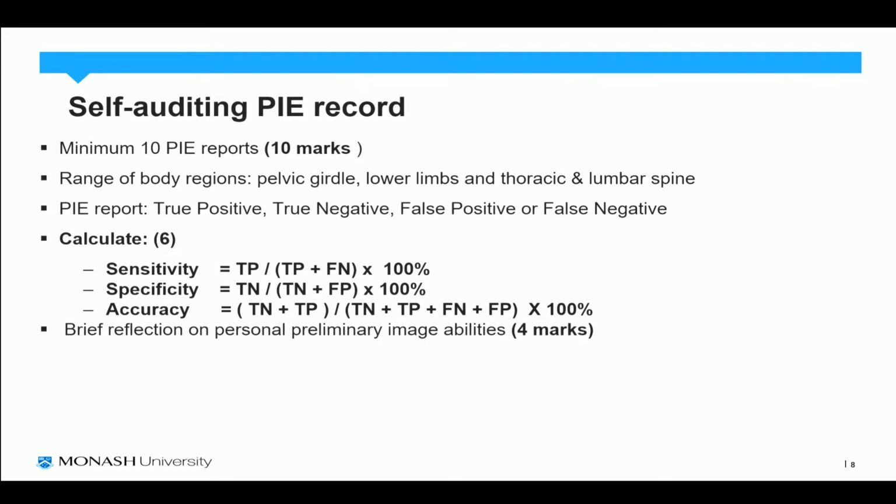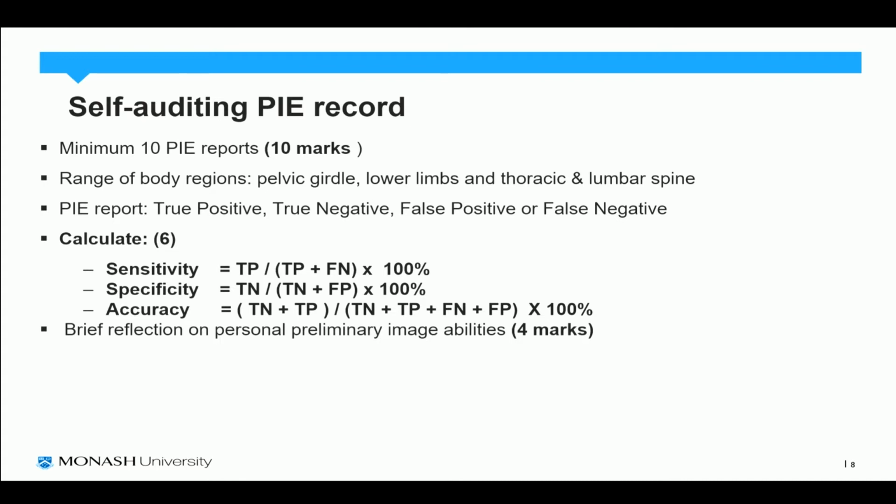For the PIE record, you should include a minimum of 10 reports, which would cover the range of body regions, the pelvis, lower limbs, and thoracic and lumbar spine. You then need to work out the true positive, true negative, false positive, or false negative, and then calculate the sensitivity, specificity, and accuracy, and provide a brief reflection on your PIE abilities.